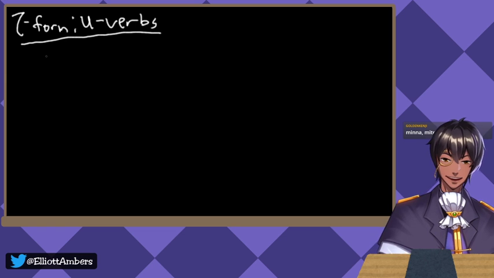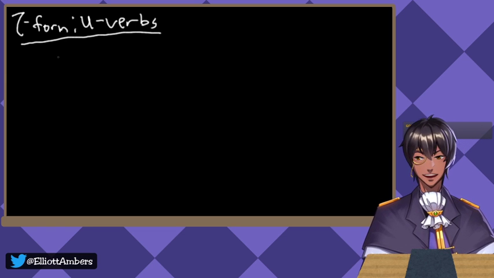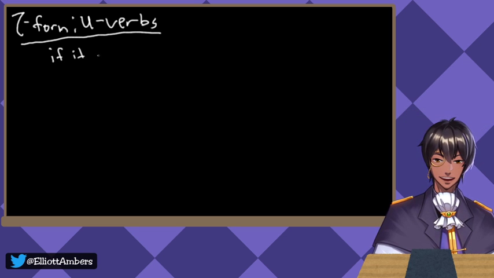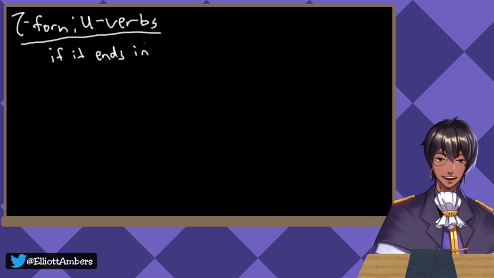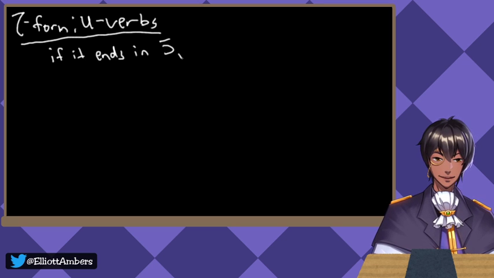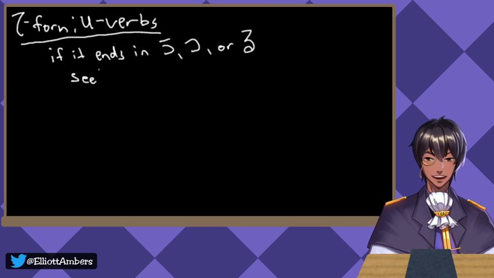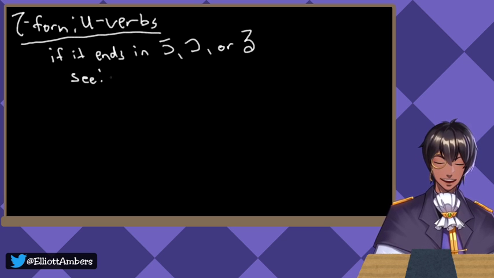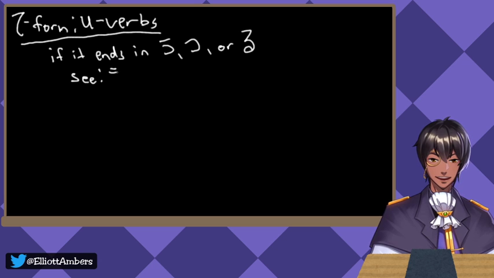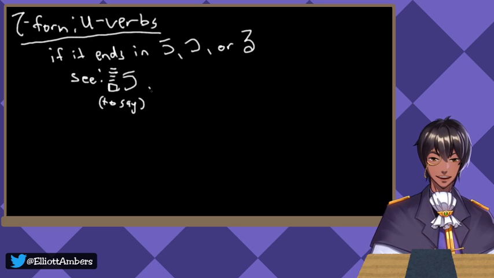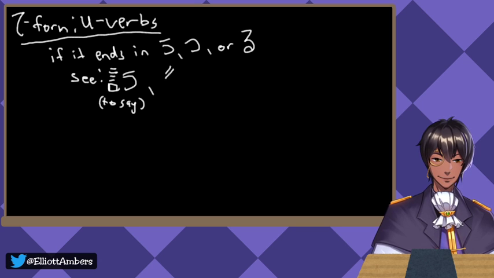So, Godan verbs have conditions based on what the final character is. If it ends in u, tsu, or ru, we could say iu, or the verb matsu.